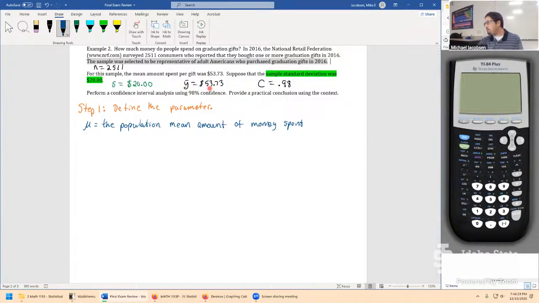But let's call this the mean amount of money spent on graduation gifts. And the sample was adult Americans who purchased graduation gifts in 2016. So we'll say among all adult Americans.